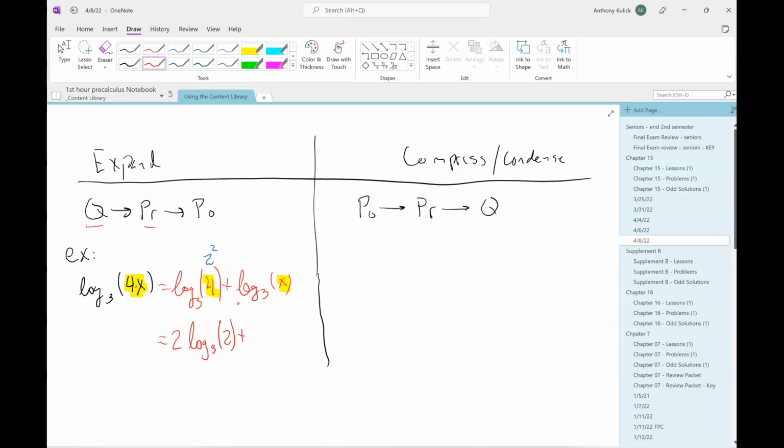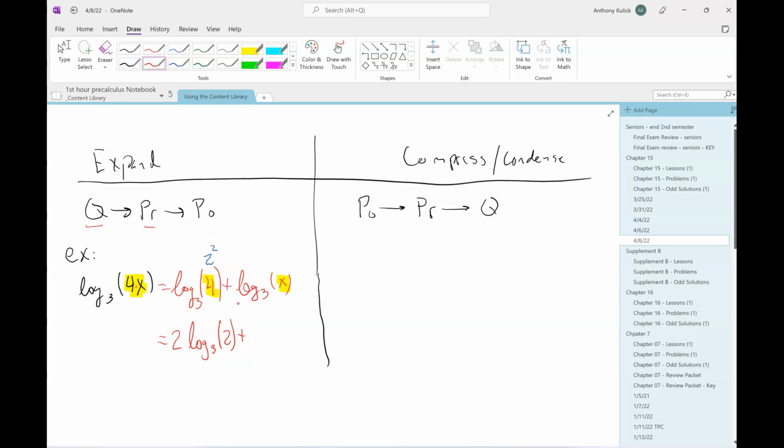So you can do that every time you're looking for a power property. If you have a perfect square, for sure. Or if that number was 6, you could think about it as 2 times 3 and do a product property. But if it's a prime number, if that number was 3 instead, there's nothing more to do with that.